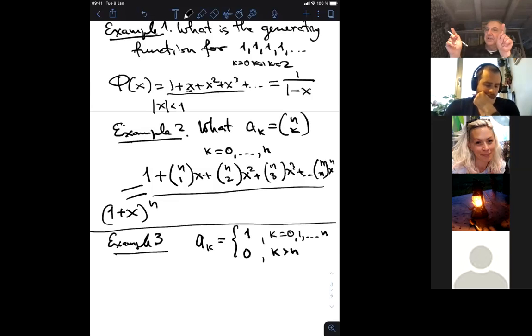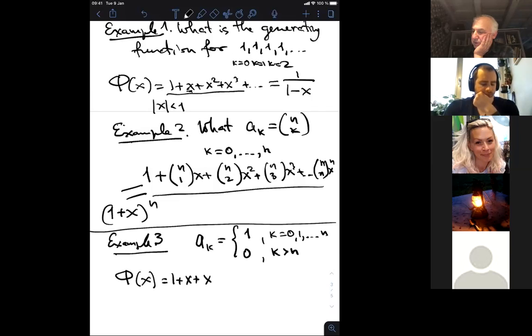So we just have a finite sequence of ones. Our generating function in this case would be 1 plus x plus x squared, up to x to the power n.